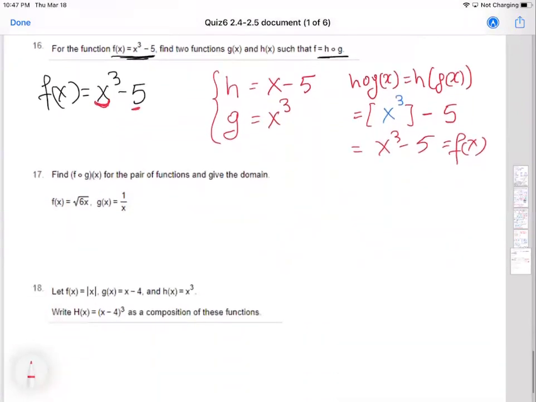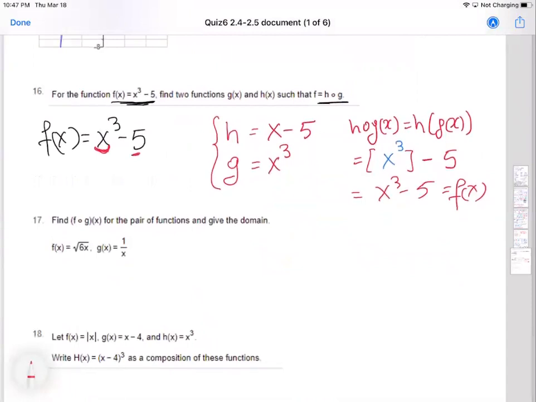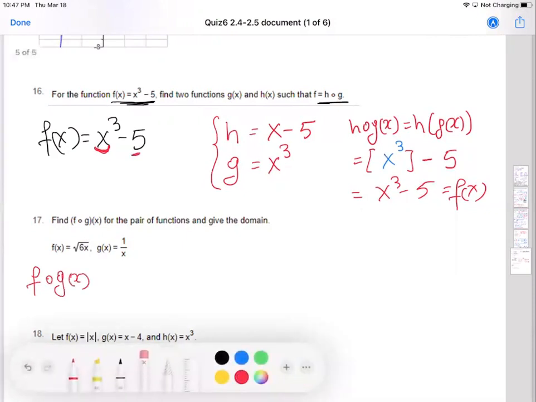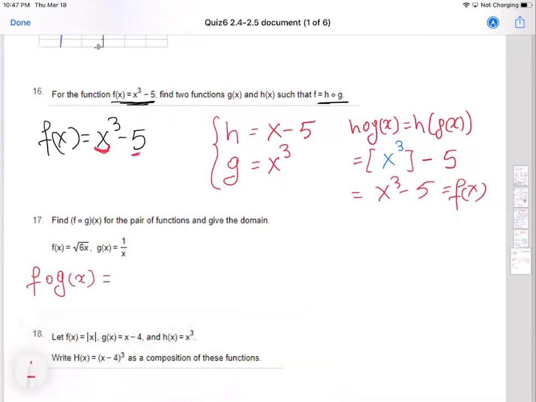Number 17. Find f composed with g of x for the pair of functions and give the domain. As we've seen so far, when we compose functions, the order is important. So in this case, we have f composed with g of x. What this means is that we have f of g of x.